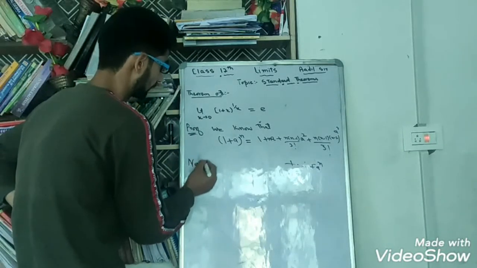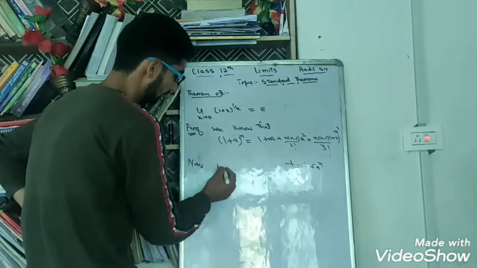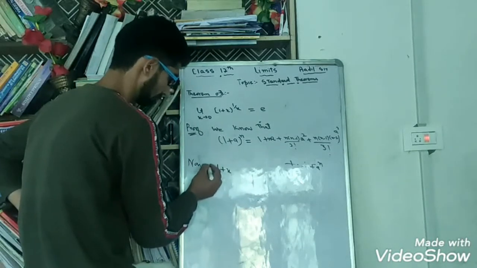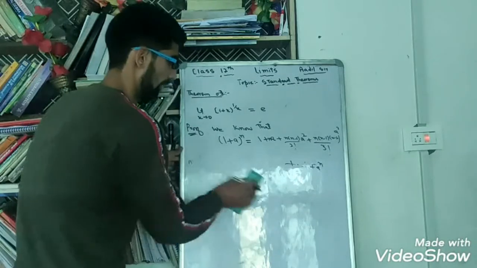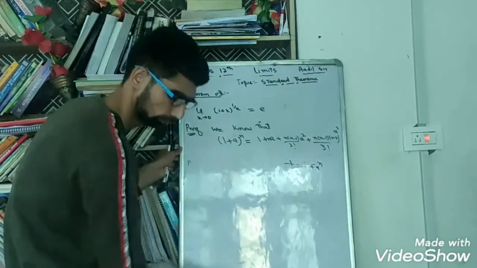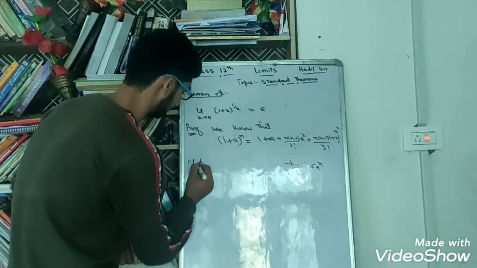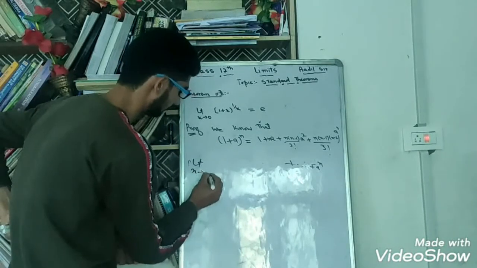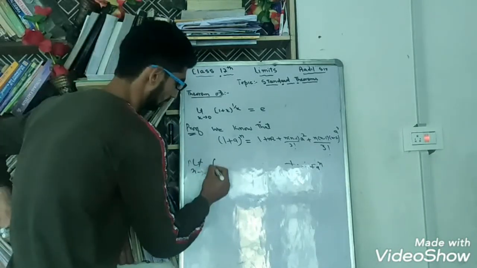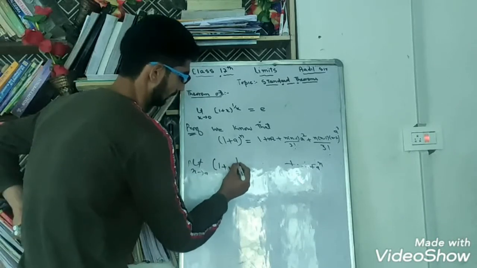Now this limit, x tends to 0, (1 + x)^(1/x).